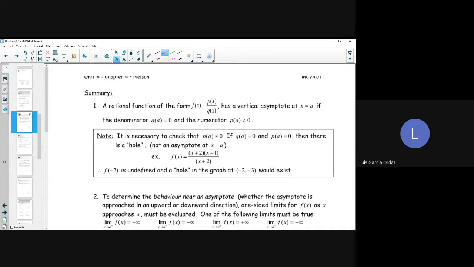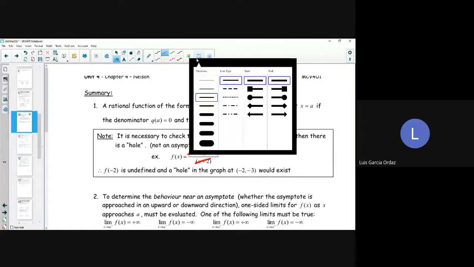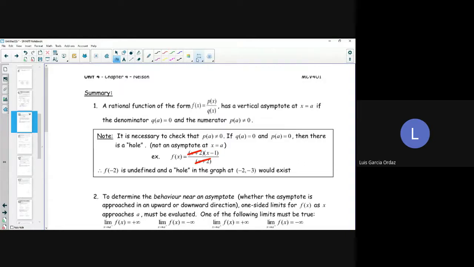So for example, if I have my factored rational function as x plus 2 over x minus 1, all divided by x plus 2, I can just cancel my factors x plus 2 and x plus 2, which means that there is a hole at x is equal to negative 2, which also means that my graph is discontinuous at that point. So f of negative 2 is undefined, and a hole in the graph at negative 2 and negative 3 would exist, which means there is no vertical asymptote.